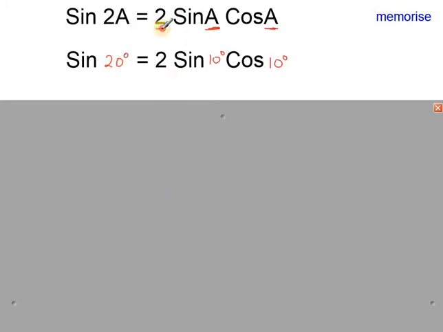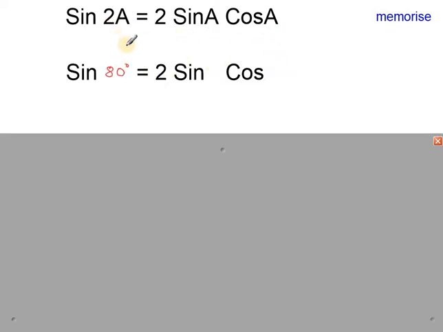And again, this is always 2, irrespective of what the angles are. If you know the angle on the left hand side, so this angle represents angle 2A, so angle A will be half, which is 40 degrees, so angle A is 40 degrees.